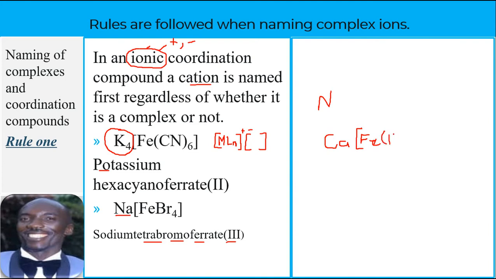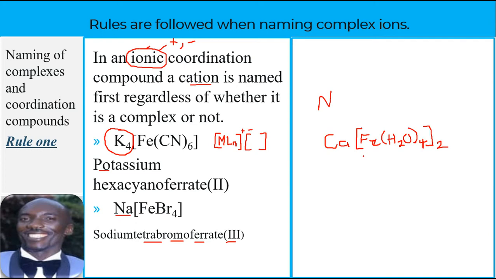Our main aim, like I said, is to show that we first name the cation. So even here we do the same. We can call this one calcium, then we name the complex. Calcium, which is the cation, then we name the complex.